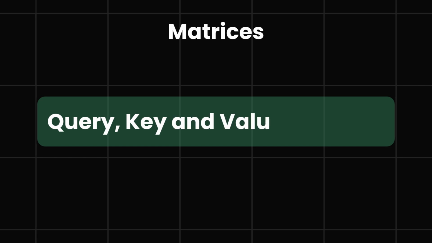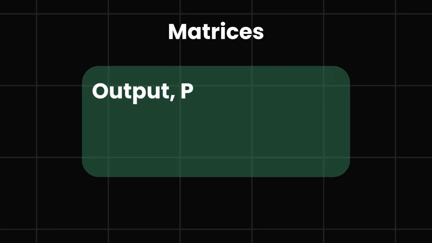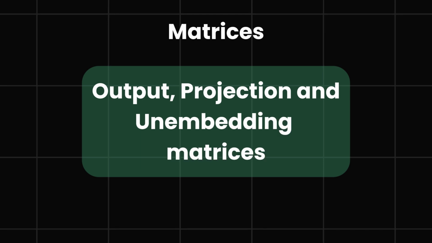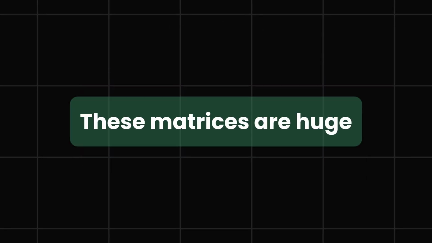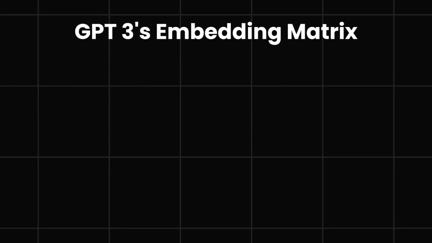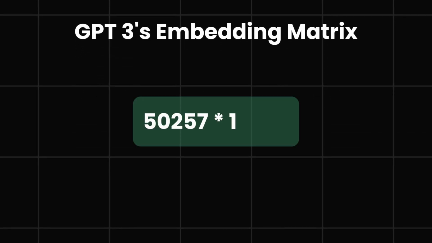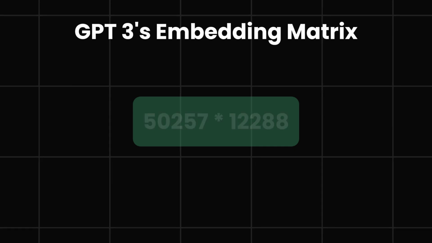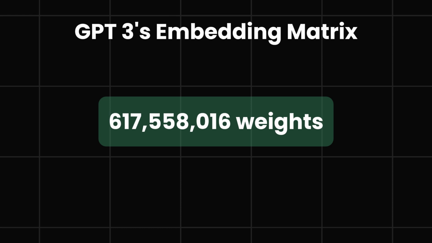The query, key and value matrices power the attention mechanism, and the output, projection, and unembedding matrices help produce the final prediction. These matrices are huge. For example, GPT-3 has embedding matrices of size 50,257 by 12,288, which leads to over 600 million weights just in the embedding layer.